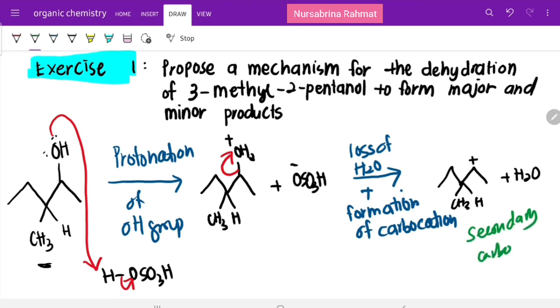In order to form your major product, you need to do a 1,2 hydride shift so that we can form a tertiary carbocation. And if you want to form the minor product, that means there will be no carbocation rearrangement. We can proceed with the last step, which is the removal of H+. Please continue your reaction mechanism from here to show us how you form the major and minor product.